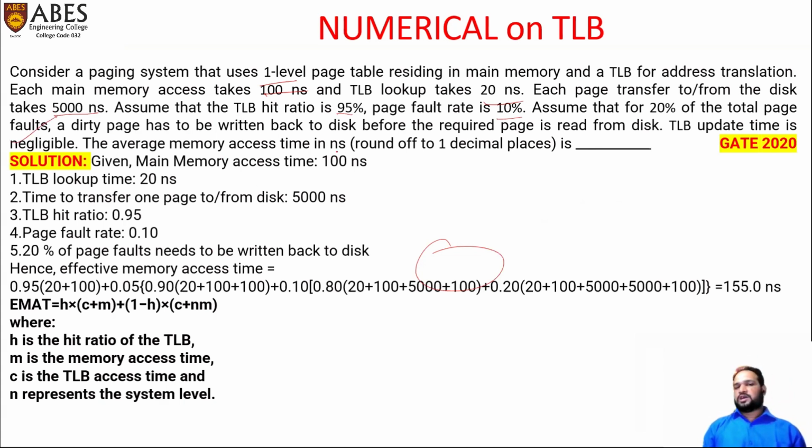The average memory access time in nanoseconds, rounded off to one decimal place, would be what? So the given data is: the main memory access time is 100 nanoseconds, the TLB lookup time is 20 nanoseconds, the time to transfer a page to or from disk is 5000, the TLB hit ratio is 0.95, and the page fault rate is 0.10. 20% of page faults need to be written back to the disk.